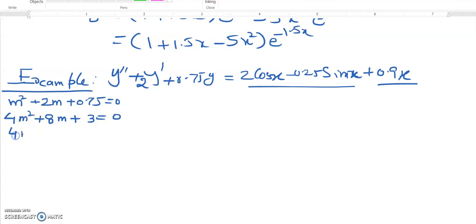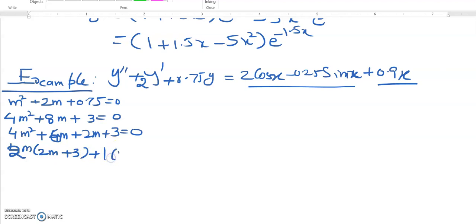Splitting the middle term, 8m is 6m plus 2m, so I can take 2m as common, and this will factorize into (2m plus 1) into (2m plus 3).